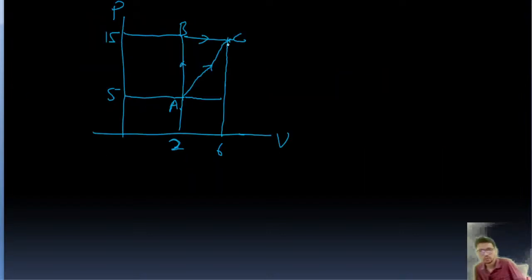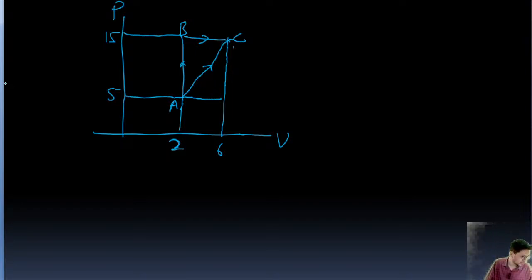At point A the internal energy UA is given. At point C the internal energy UC we have to find, and the heat given to reach A to C is given, that is 200 joule guys. Now you must have understood this question by the figure guys.